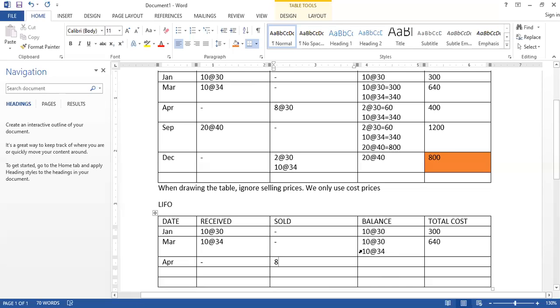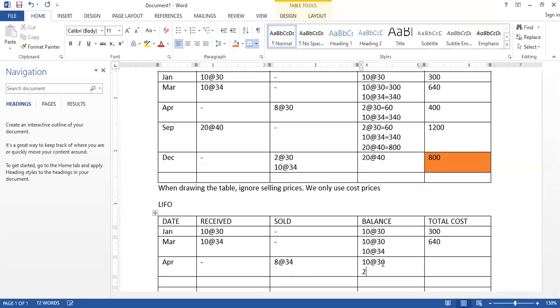You issue out starting from the bottom. That's why you have 8 at the price of 34. So what will be our new balances? You will have 10 at the price of 30 because it's still standing, it was not sold. And then you have 2 at the price of 34. Now you see the difference between FIFO and LIFO. With FIFO, you start from up, but with LIFO, you start from down. We issued out the one that is down first.